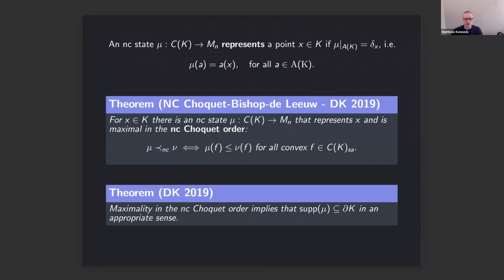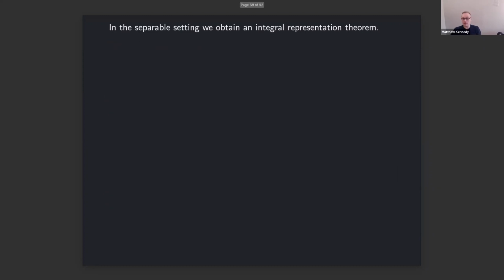We view this as a non-commutative version of the Choquet-Bishop-de Leeuw theorem, and in fact it really is a generalization of that theorem, because if I take points on the first level, this really is just the Choquet-Bishop-de Leeuw theorem.